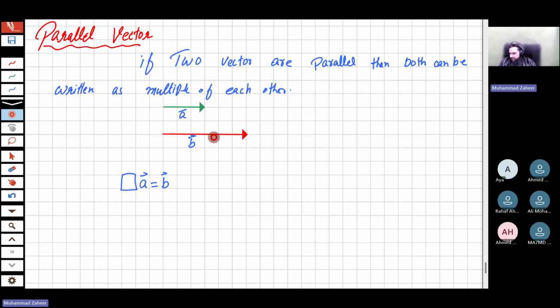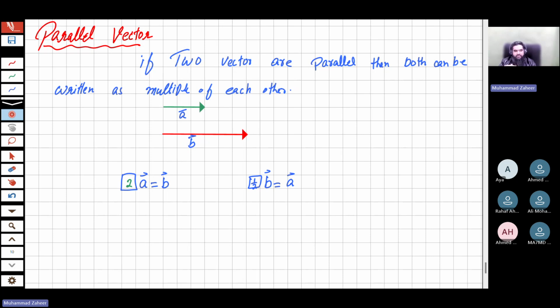It is 1, 2, 3, 4, 1, 2, 3. So in this case, 2A is equal to B. You can write it in this way, or you can also write half of B is equal to vector A. You take half of B, which is exactly the same as A.